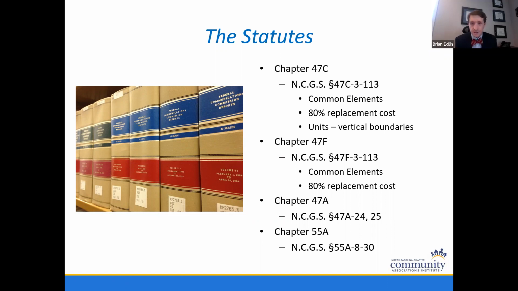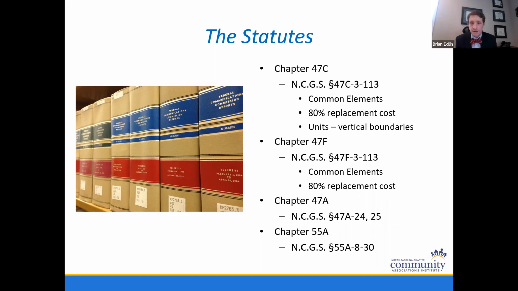Chapter 47C is applicable to condominiums formed after 1986, and it's also applicable to a number of older condominiums in some respects. For purposes of today, we're really going to hone in on one statute in Chapter 47C, and that is 47C-3-113.